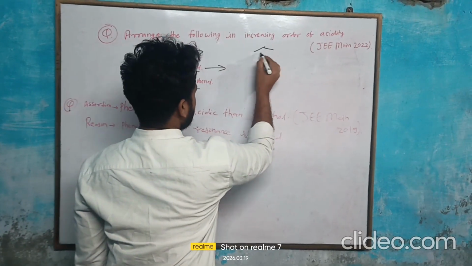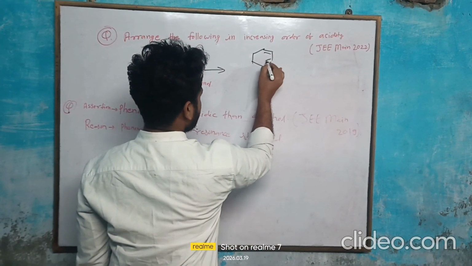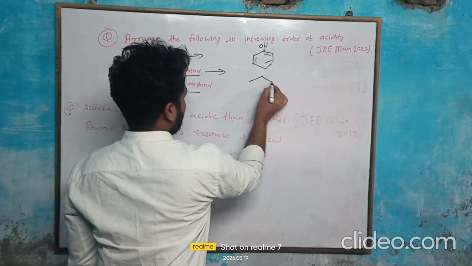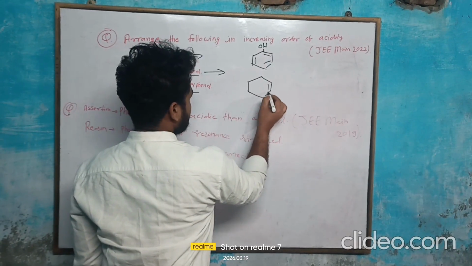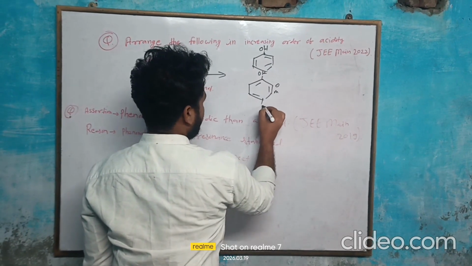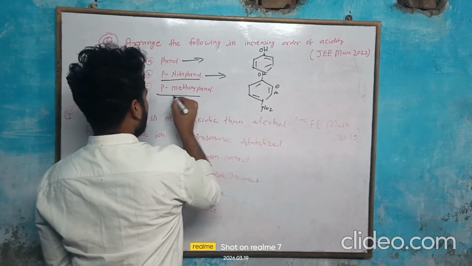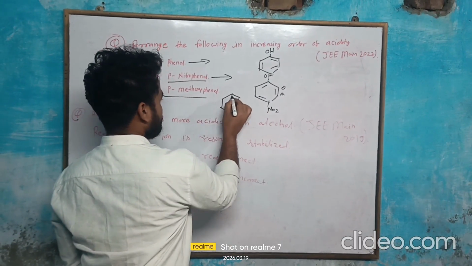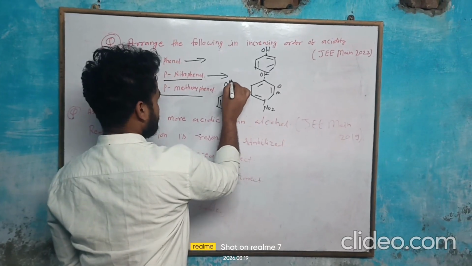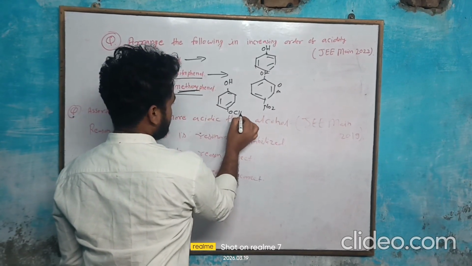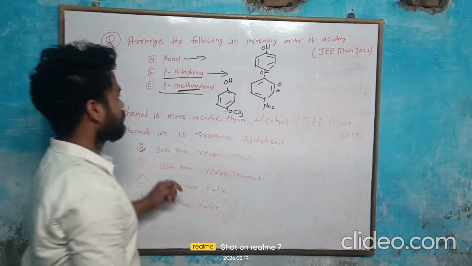This is phenol. Para-nitrophenol. This is ortho, meta and para. At para there is NO2. In this case, a methoxy group is attached.